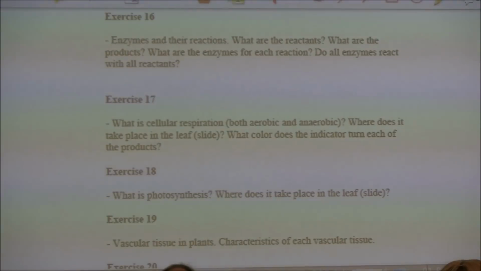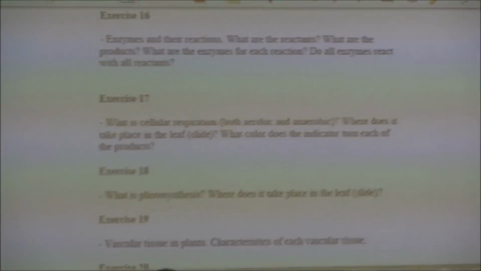Does it help you if I tell you the chemical formula for hydrogen peroxide is H2O2? Water and oxygen. So in that case, the reactant is hydrogen peroxide. The products are water and oxygen. And the very last part says, do all enzymes react with all reactants? No.